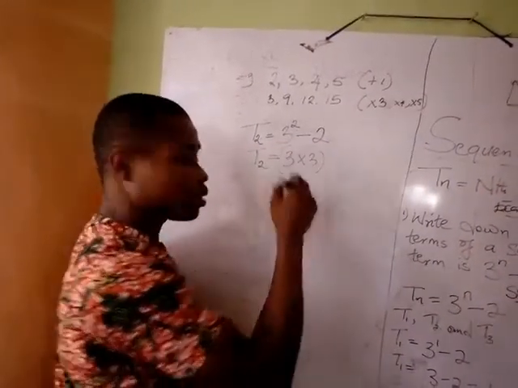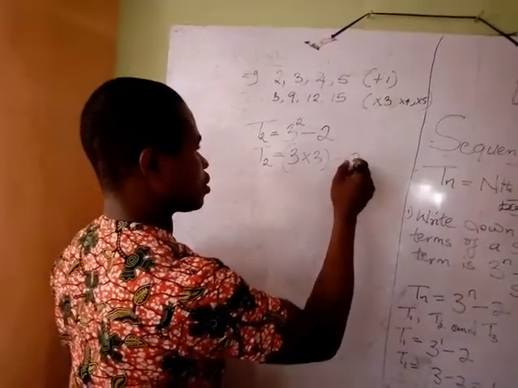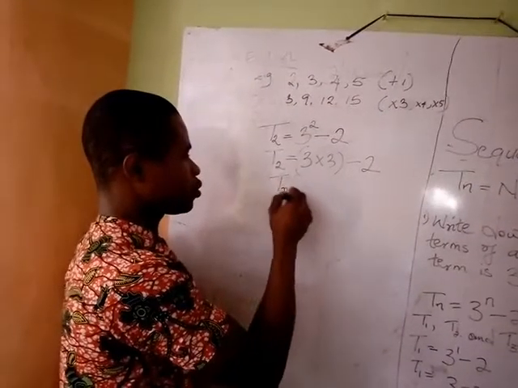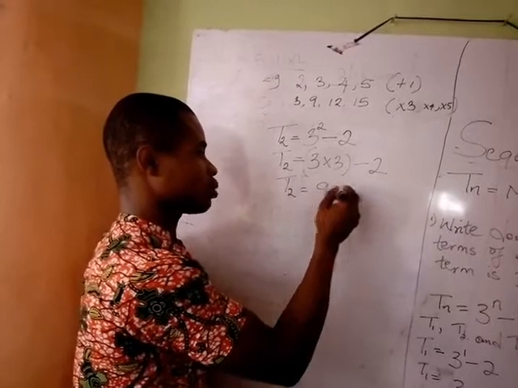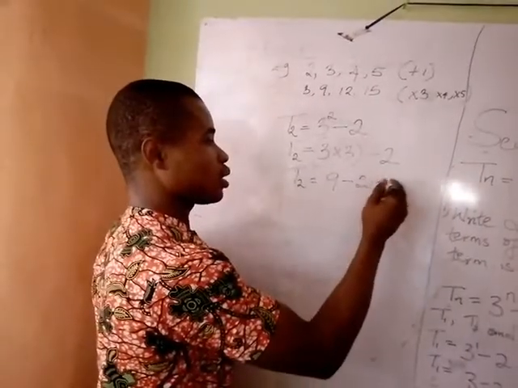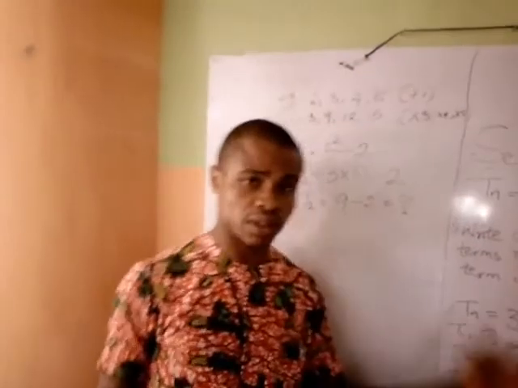Just put it in brackets, then minus 2. Then you have T2 is equal to 3 times 3 will give us 9 minus, we bring down your 2. And 9 minus 2 is equal to 7. That's for the second term of the sequence.